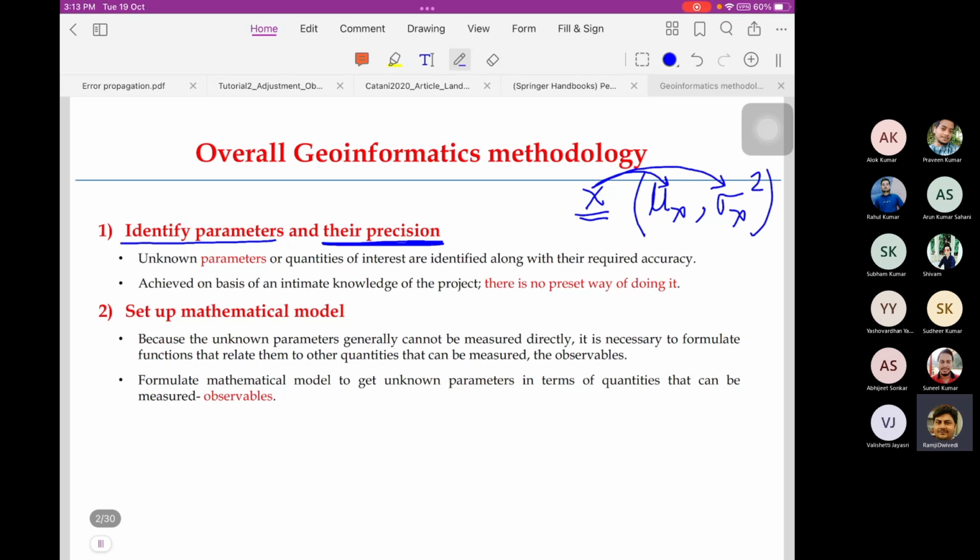There is no preset way of doing it. That means you cannot simply say that for everything you have to follow the book. No. The moment somebody reads the problem, in the back of your mind you immediately think about what type of model is going to be applied, what type of observation we need to collect from the field, and what would be the parameters.